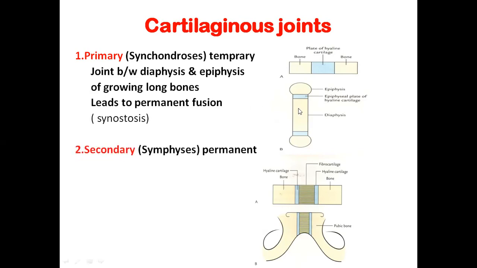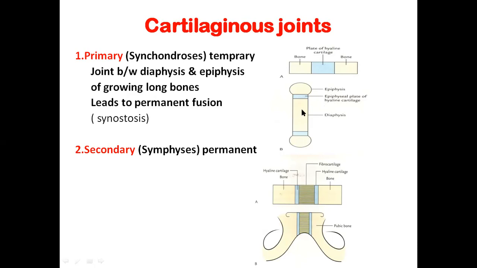Look at this picture. This is a long bone. These are the two ends, one end, second end. This is the shaft. As we know, these bones have an ossification center, and before the formation of this bone, the framework was formed by a cartilage.